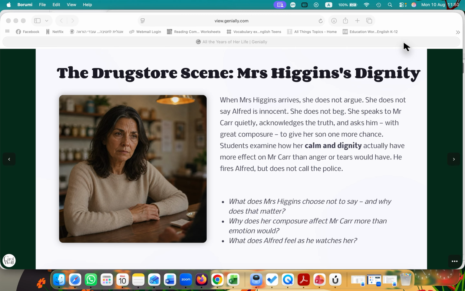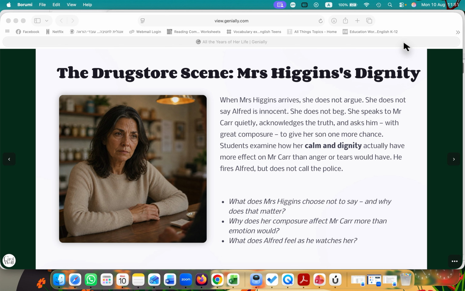This is where Mrs. Higgins actually arrives, and it's worth noting how much control she shows. She doesn't argue. She doesn't claim Alfred is innocent. She doesn't beg. She speaks quietly, acknowledges the truth, and asks Mr. Carr with real composure for one more chance.